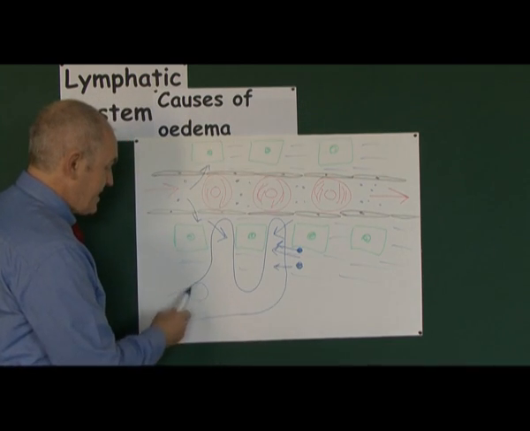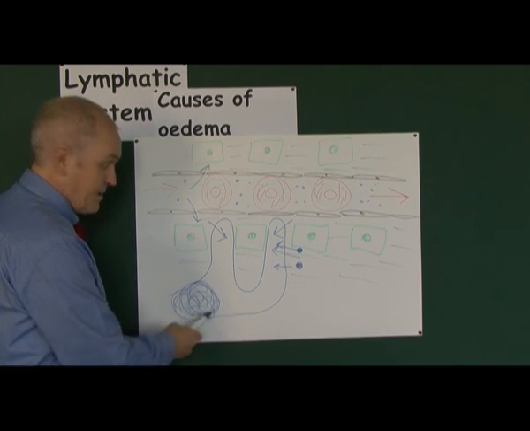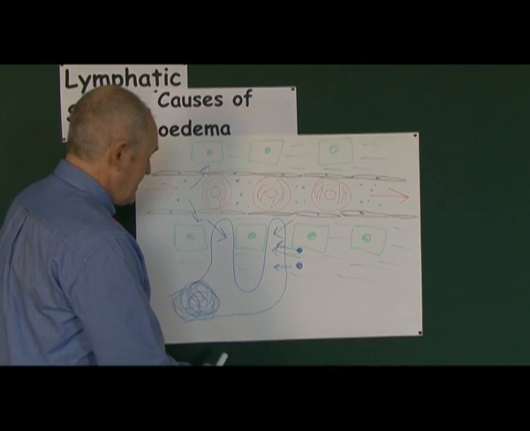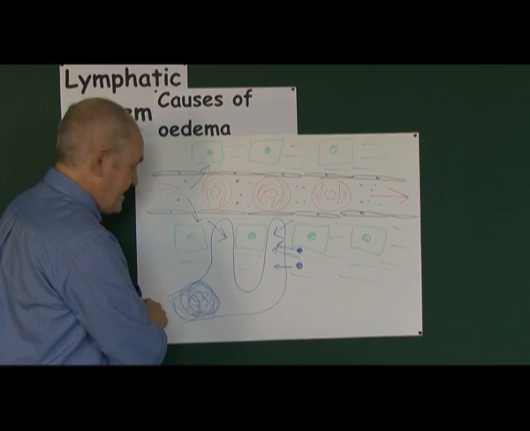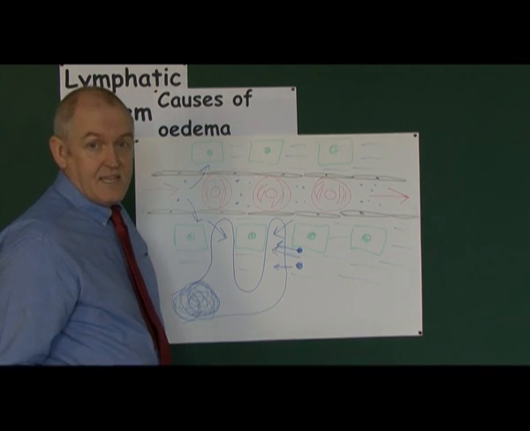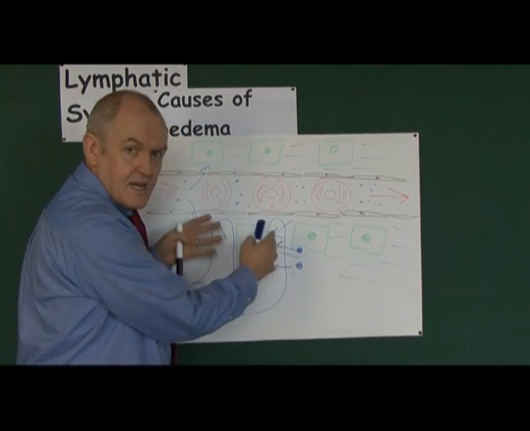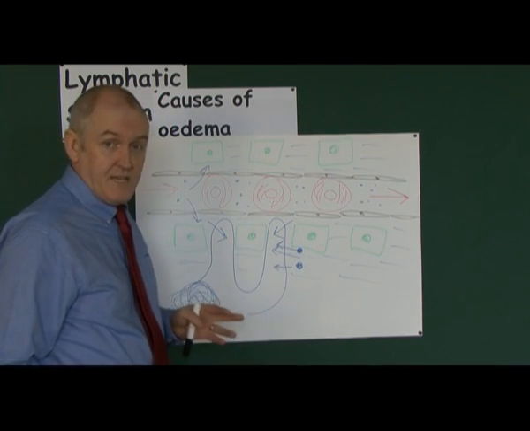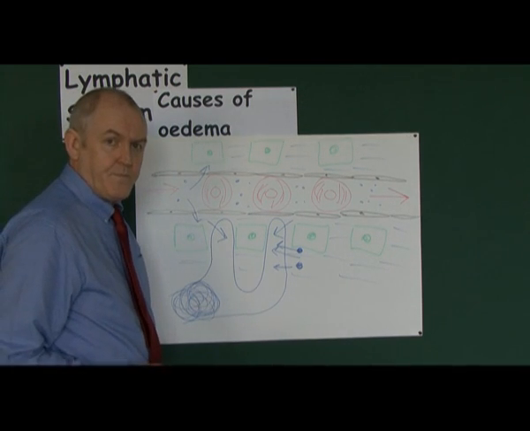But if there's any obstruction in the lymphatics, if for any reason the lymphatic vessels are not working properly, if there's a reduced lymphatic drainage, then the proteins and the tissue fluid cannot get back into the systemic lymphatics, so they can ultimately be drained into the venous system. So the proteins need to be taken away, and 10% of the tissue fluid that is formed needs to be taken away by the lymphatics. If the lymphatics are obstructed, that can't happen.